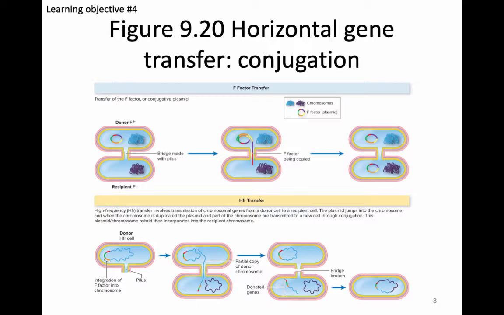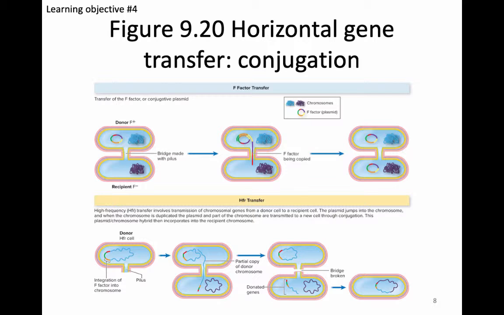So because the donor F+ cell has information for extending a pilus, it extends the pilus and connects with the recipient. And this forms a tunnel between the two cells. That DNA is shared from the donor to the recipient. So the plasmid is replicated. We have now 2 copies, and one of the copies is moved into the recipient cell.